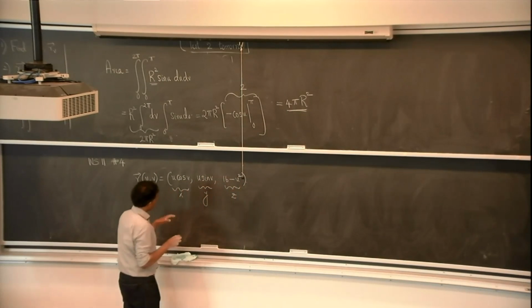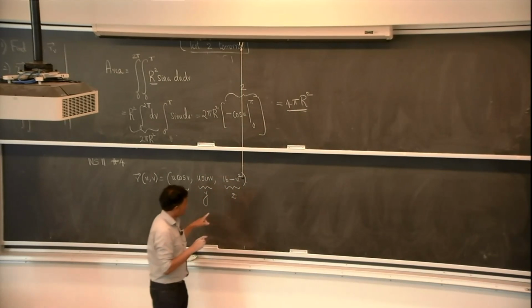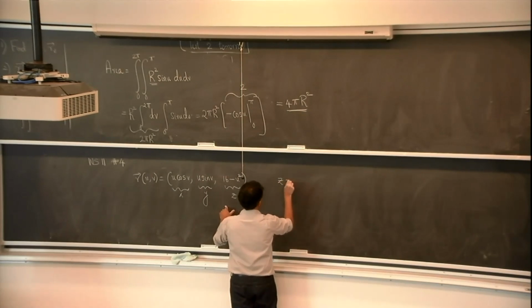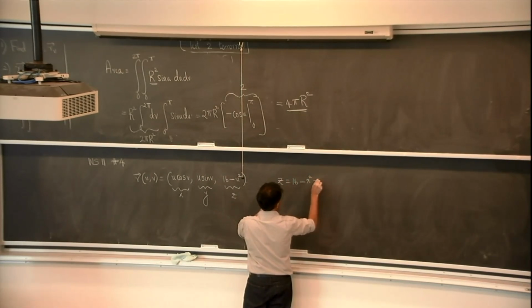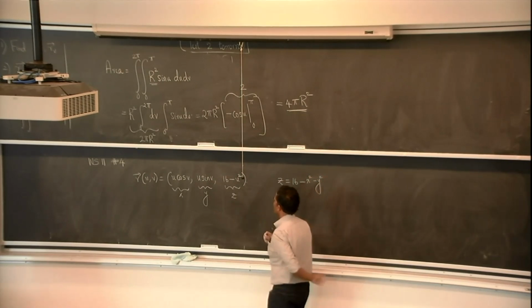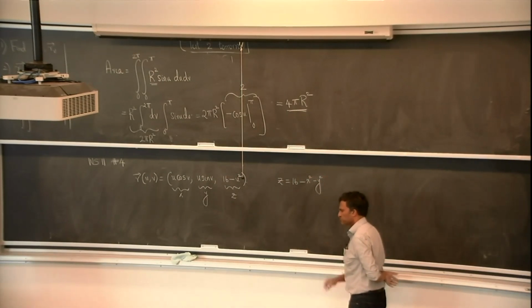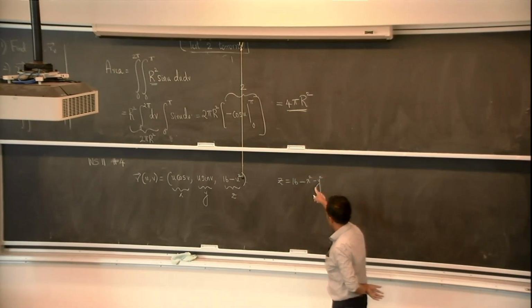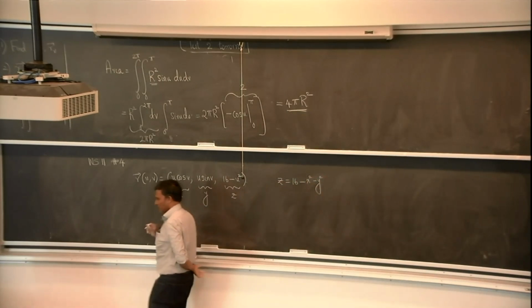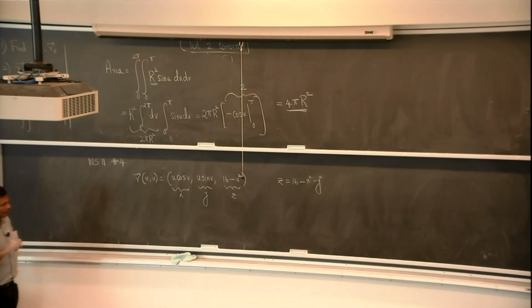If you look carefully, the surface is given by z equal to 16 minus x square minus y square. So it's actually a paraboloid that is facing down, and once again our friendly terms cosine square and sine square add up to 1, so it works out nicely.